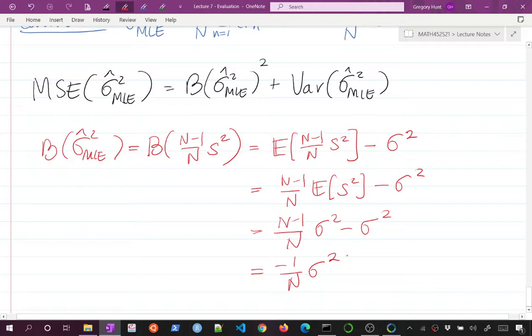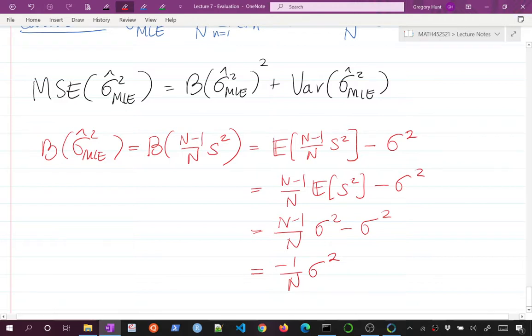So this is a bit weird. We get a negative bias. All that means is that on average, sigma squared MLE underestimates the true variance sigma squared. So negative biases are allowed. It just says, on average, we underestimate sigma squared by about 1 over n times whatever that sigma squared is.